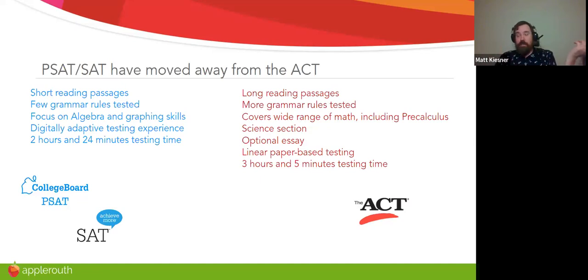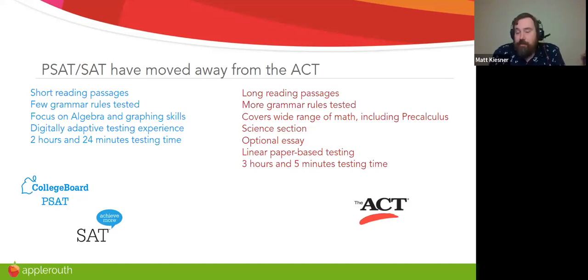On the ACT, you have longer reading passages. The SAT tests only a few grammar rules. The ACT tests more grammar rules. On math, the SAT mostly focuses on algebra and graphing skills. The ACT has a wide range of math, going all the way from middle school concepts up to pre-calculus, with a very large variety.